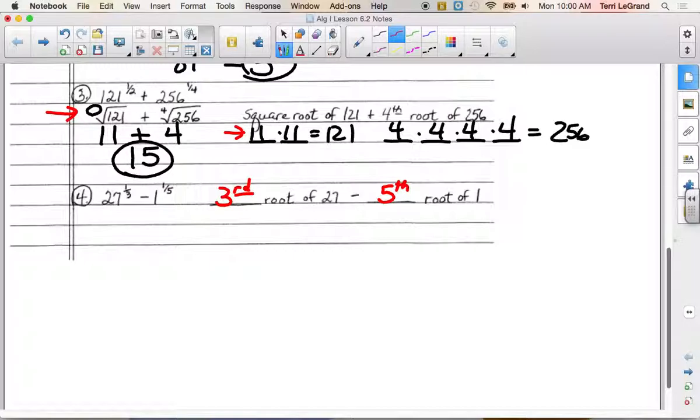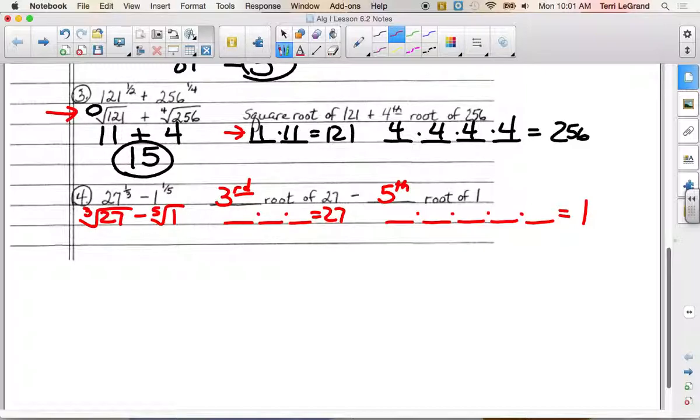We could say, I'm really looking for the third root of 27 and the fifth root of 1. Or I could show I need something times itself 3 times that will give me 27, and something times itself 5 times that gives me 1.